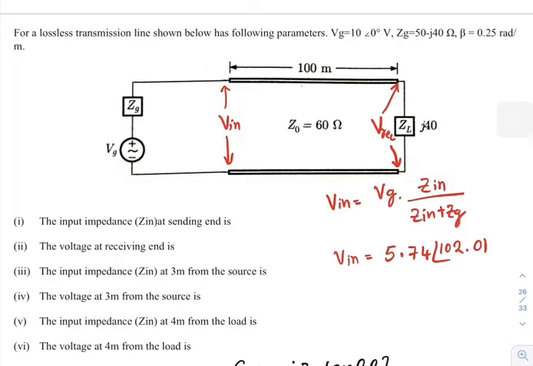We need to find the voltage at a distance of 100 meters from here on a lossless transmission line. The voltage at the receiving end equals the voltage at the input of the transmission line into e power minus j beta L. We already calculated the value of beta L, which is equal to 352.39 degrees.